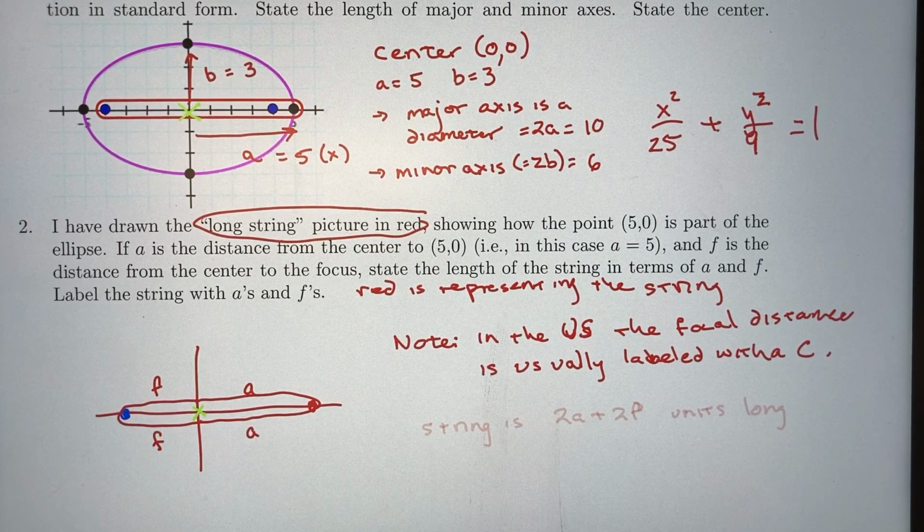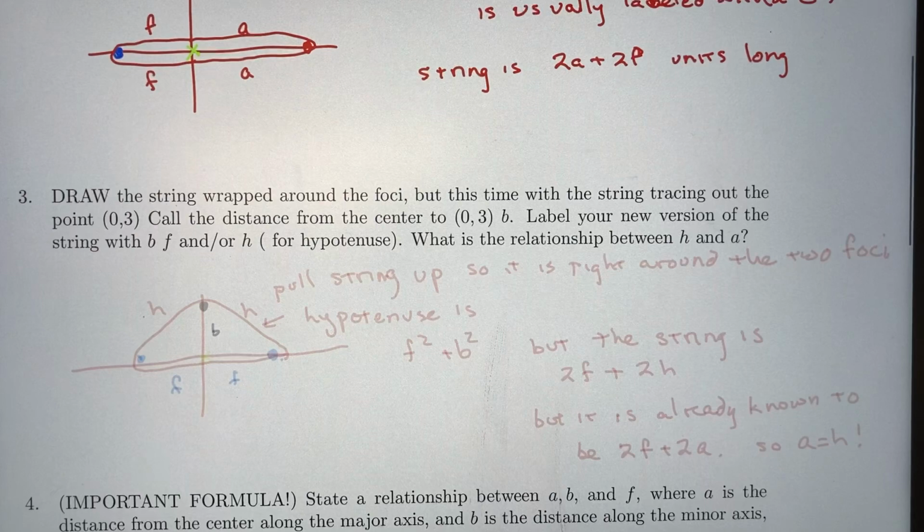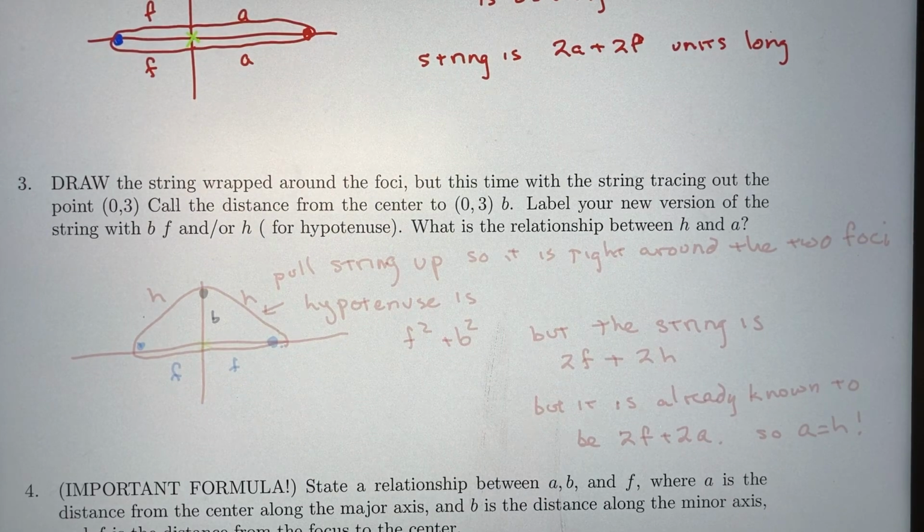So note that the string is 2A plus 2F units long. Okay. So then, as we're going around the string, we have another version where we're going up to the co-vertex.